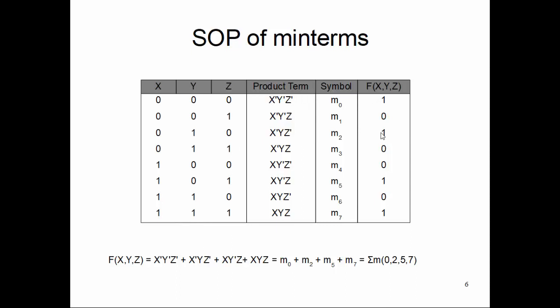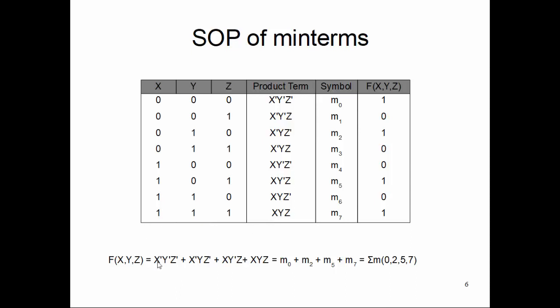Then we pick up row number 2, if we index rows 0, 1, 2, like this, which is x bar y z bar, and then another one is row number 5, which is x y bar z, and row number 7, which is x y z.